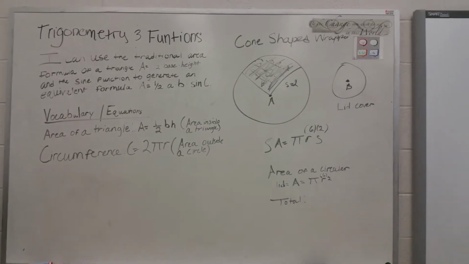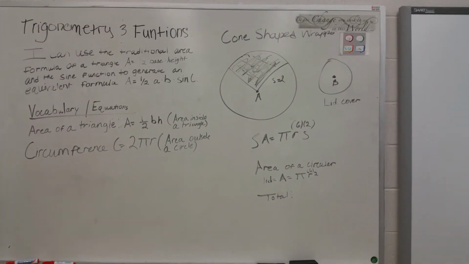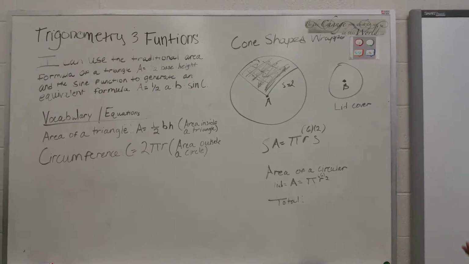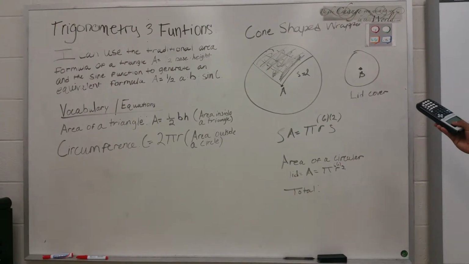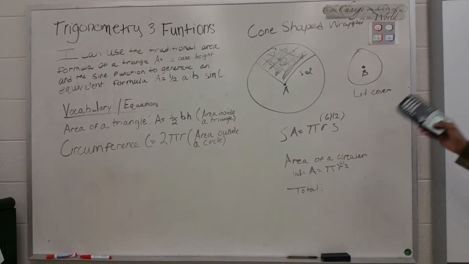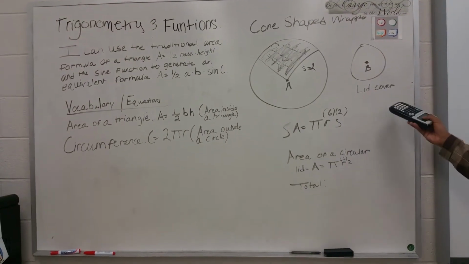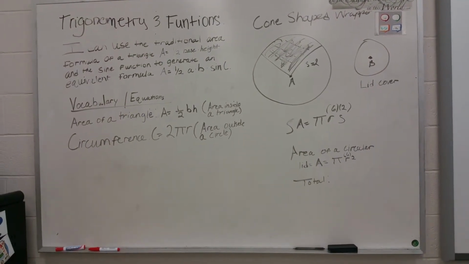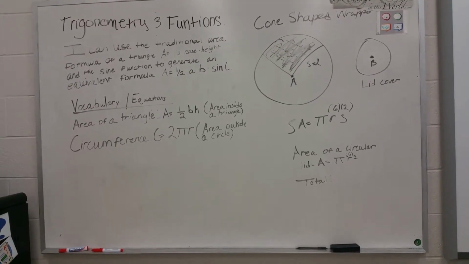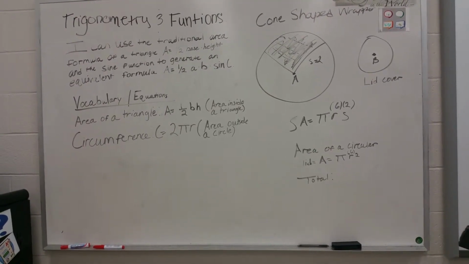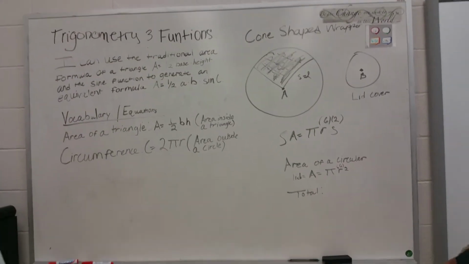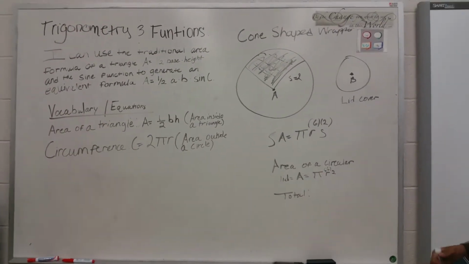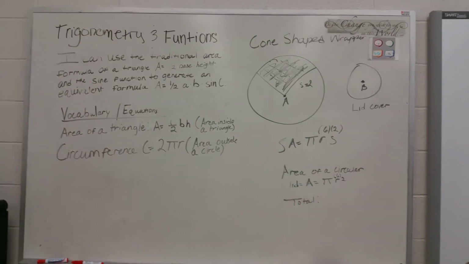In the problem that we need to solve, we are dealing with a cone-shaped wrapper. We're using these two cone-shaped wrappers here, one being the outer coating and one being the lid cover. The surface area of the first one, A, is pi times radius times s. And for our equation, we have made the radius 6.